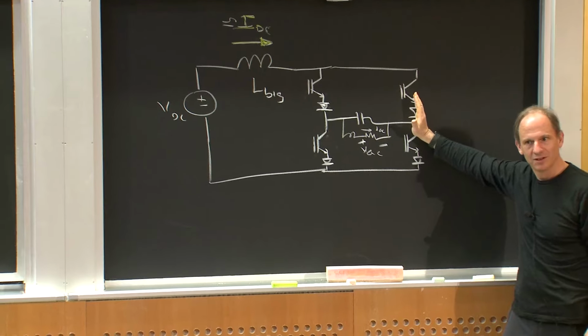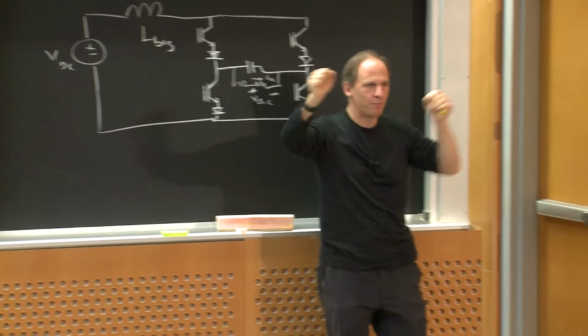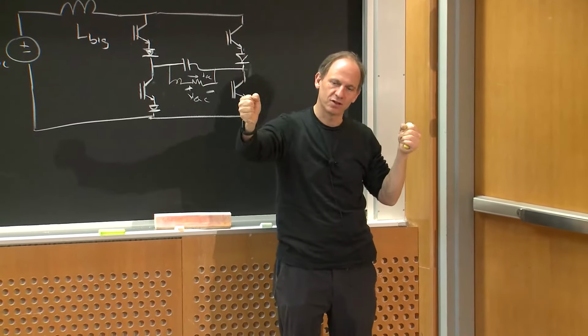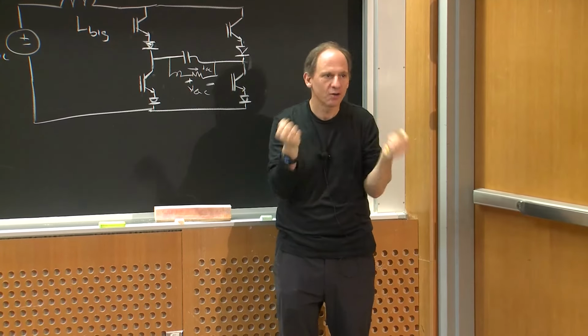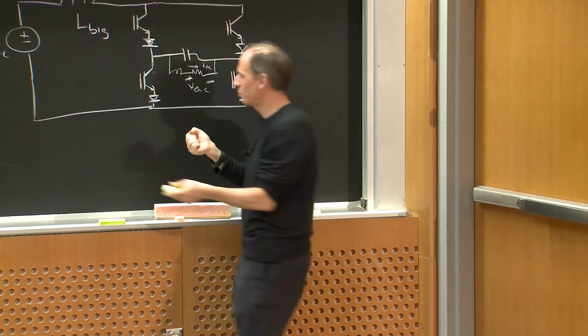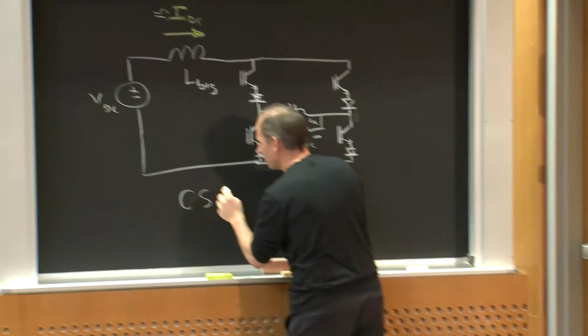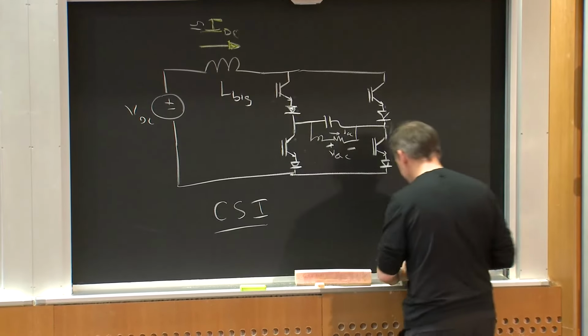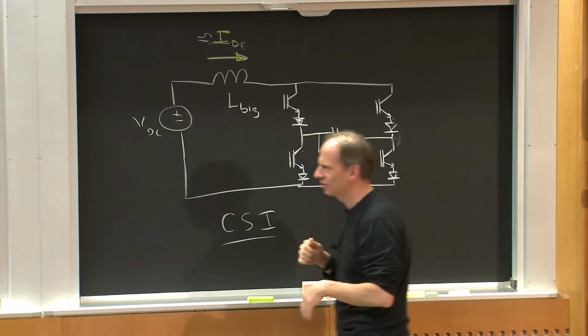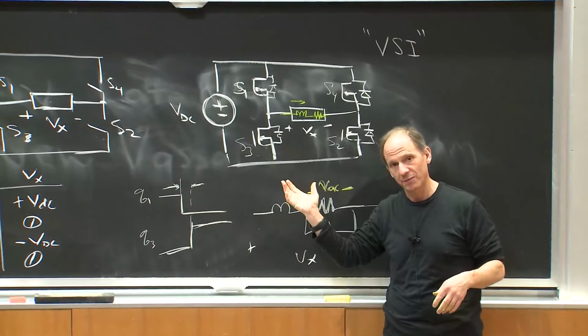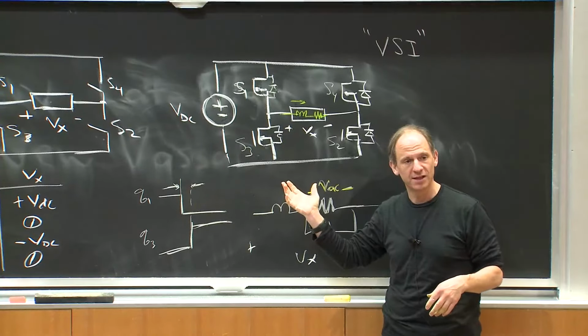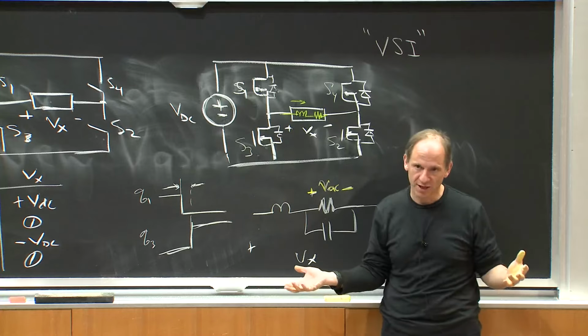Does that make sense? So instead of synthesizing some pulsed DC voltage that's positive and negative, I can synthesize a pulsed AC current that's positive and negative. This would be called a current source inverter. Now, in practical applications, voltage source inverters, especially at low powers, tend to be much more common because they're simpler to realize. You don't need a big inductor and everything else.